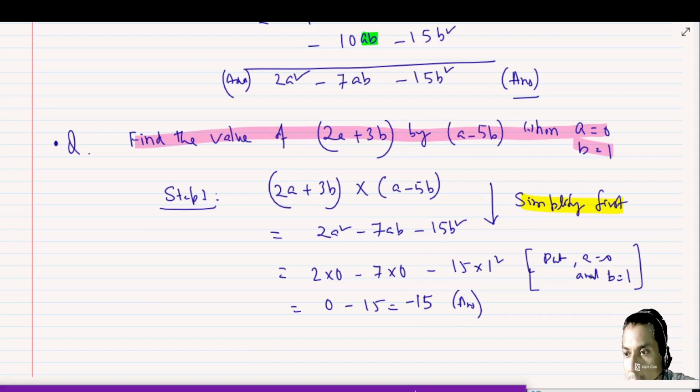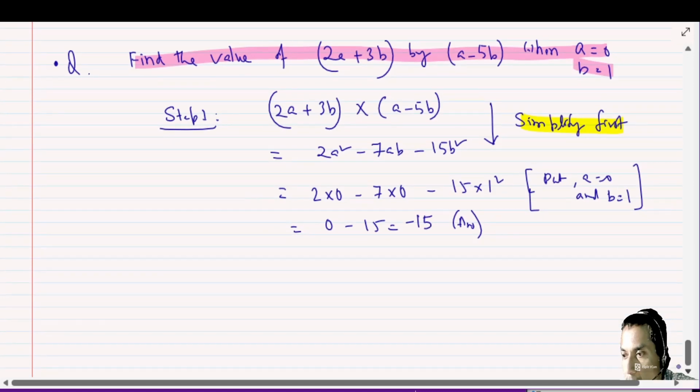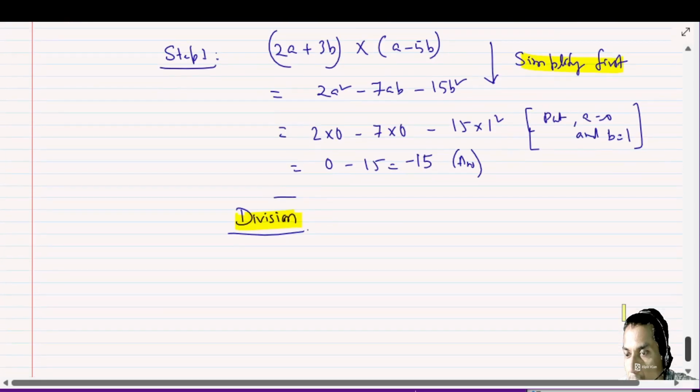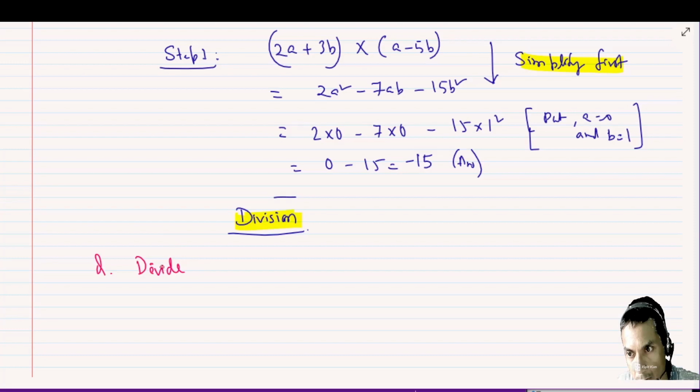Next we learn the division. So if the question is like this, for example, divide 9a square b by minus 3ab.